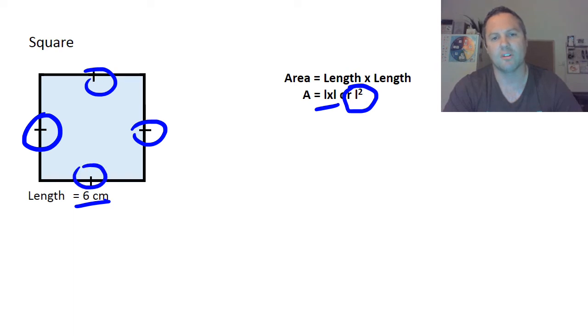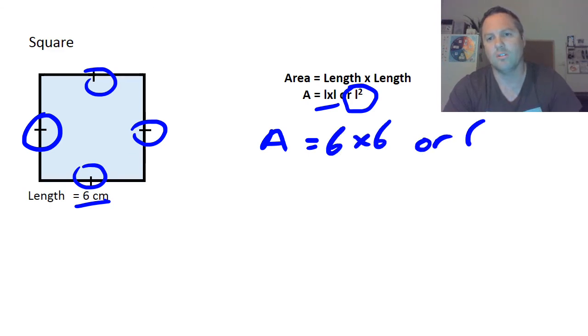Okay, they're all the same size. So what we're going to look at is area equals 6 times 6, or 6 squared. Now we know this is 36, okay, but we can't leave it like that. We still need to do centimeters squared just to make it finished off.